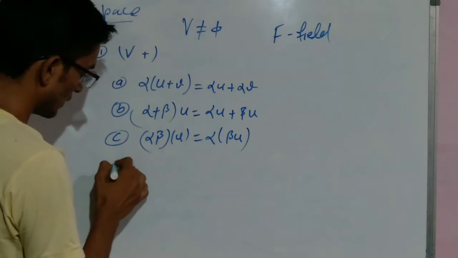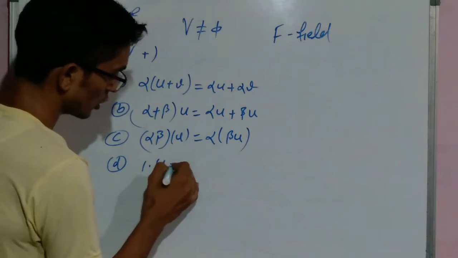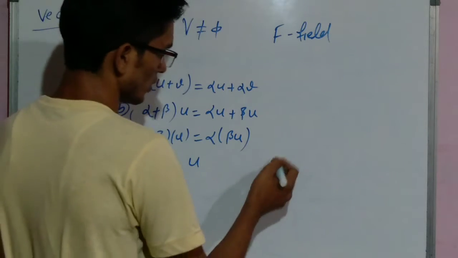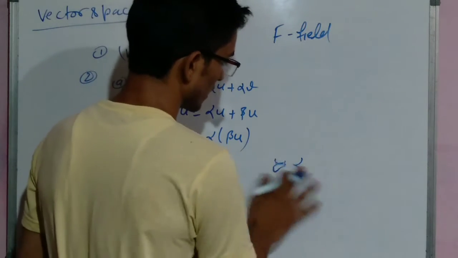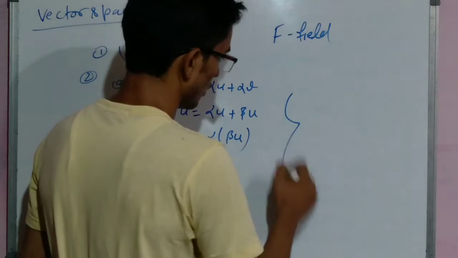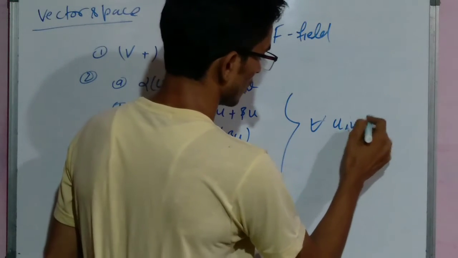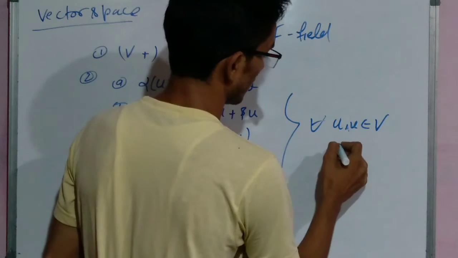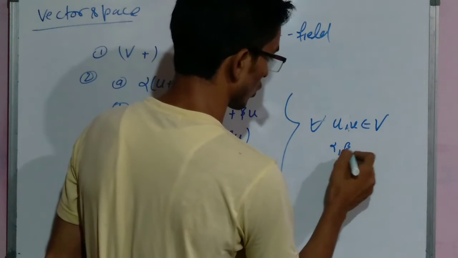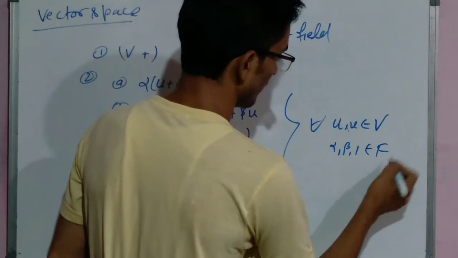And D: 1 dot u is equal to u, for all u, v belonging to V and alpha, beta, 1 belonging to F.